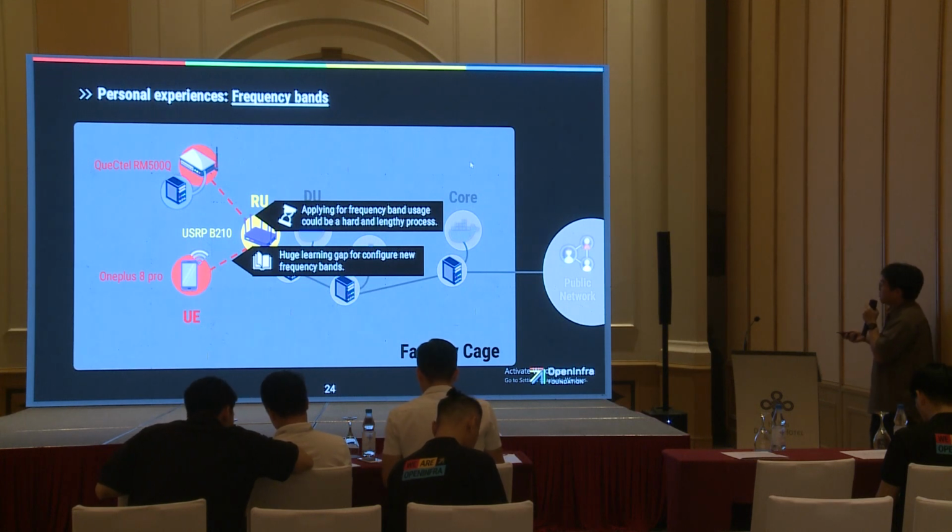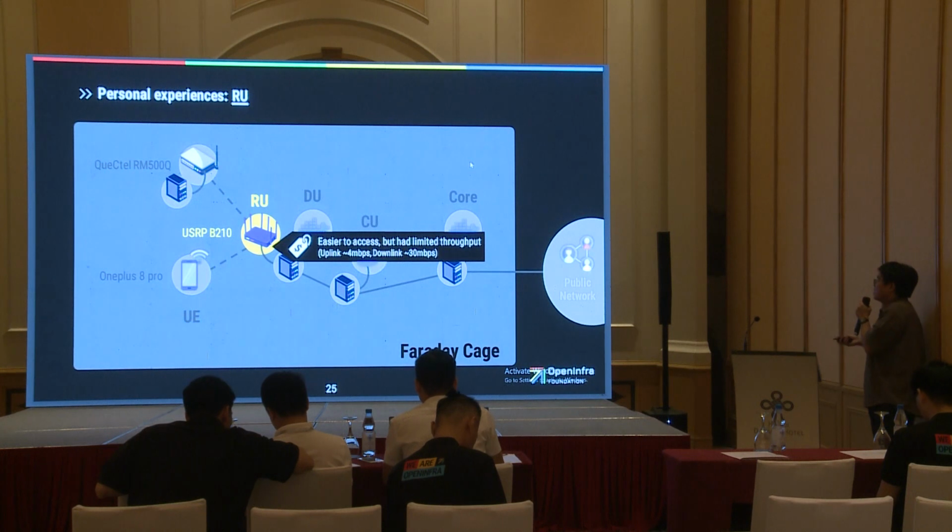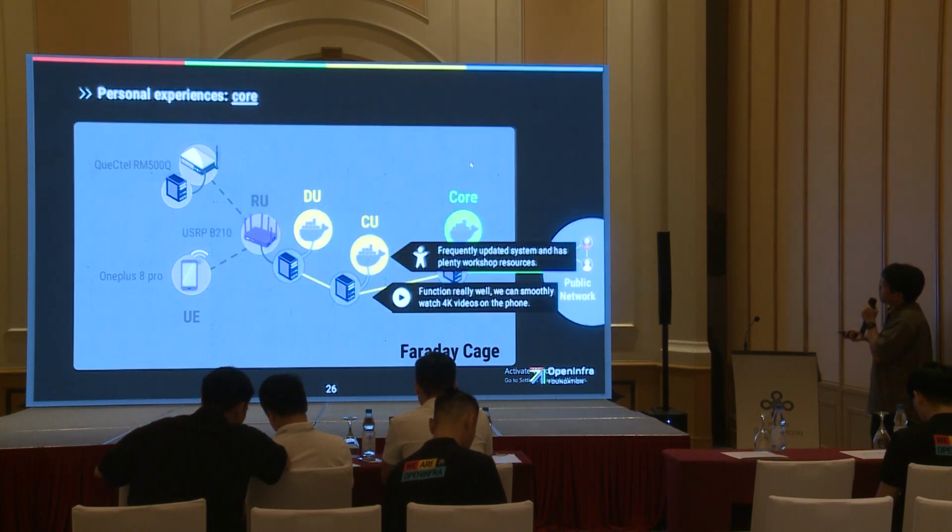You have to notice that the frequency you are using could be not that friendly. And the last one is the one we are using, which is relatively cheap, but it has very limited throughput, like uplink around 4 Mbps and downlink 30 Mbps. So the throughput is not that high, and it is also a bottleneck for the whole network.